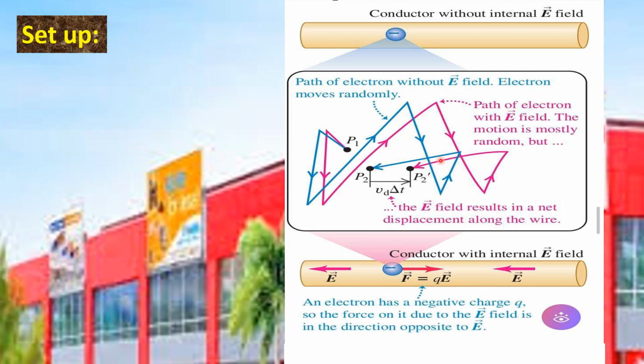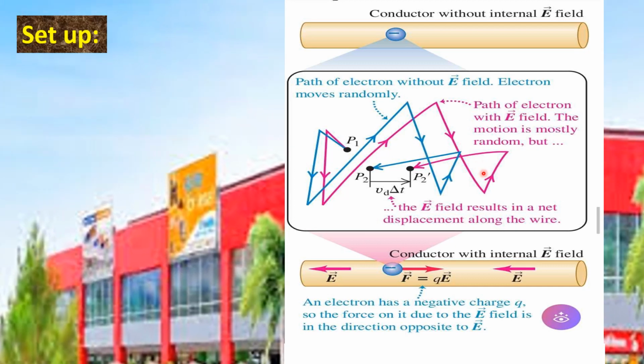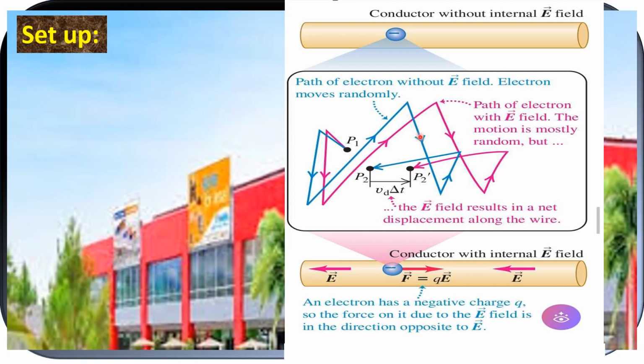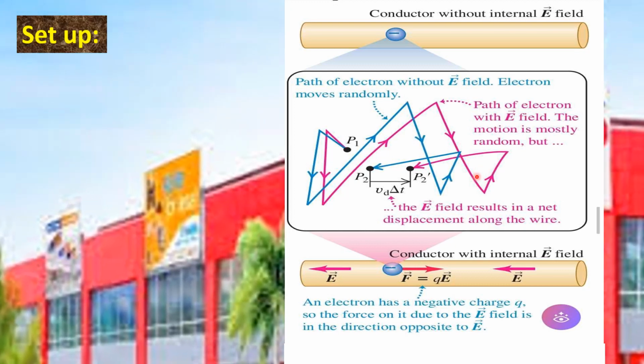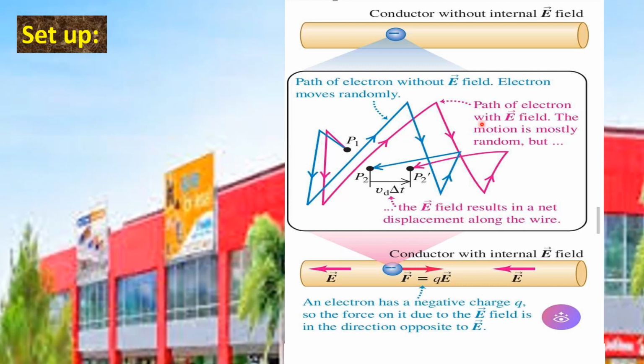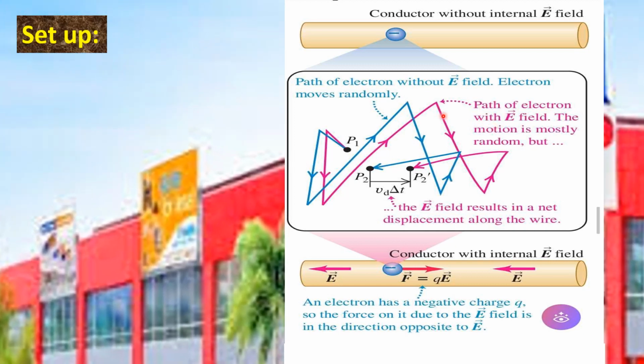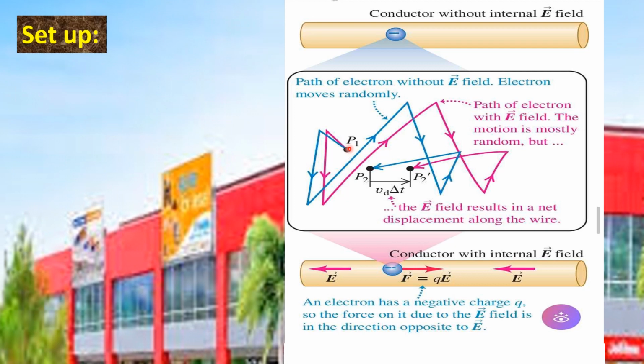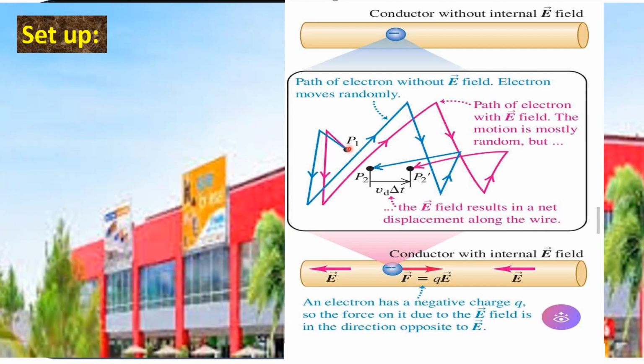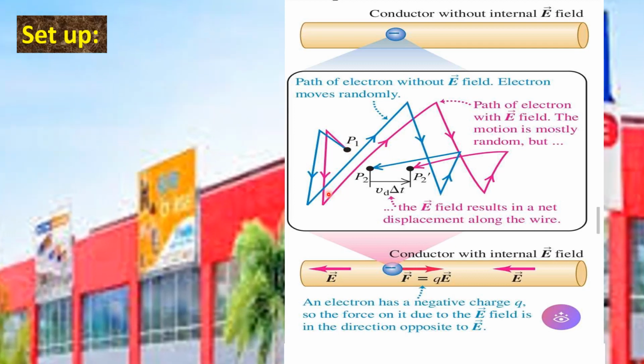Now, what happens if there is now an electric field within the conducting wire? So the path of the electron is now represented by, again, the zigzag red arrows.